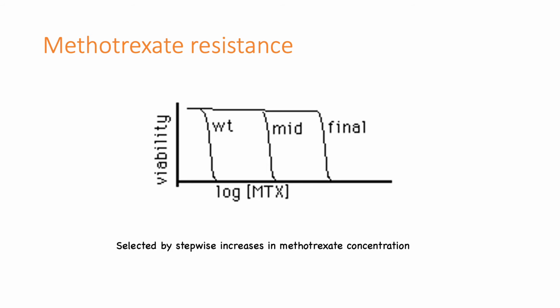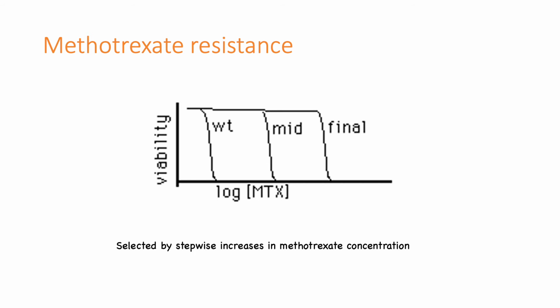If you grow cells in the presence of methotrexate, only those cells that have extra copies of the DNA can grow. And I should mention there are other ways that you can overcome the drug or develop resistance to the drug by mutating the enzyme. But one way of doing that is to make extra copies of the DNA.